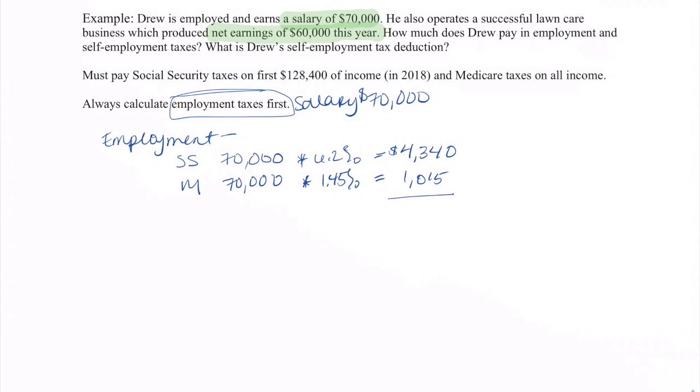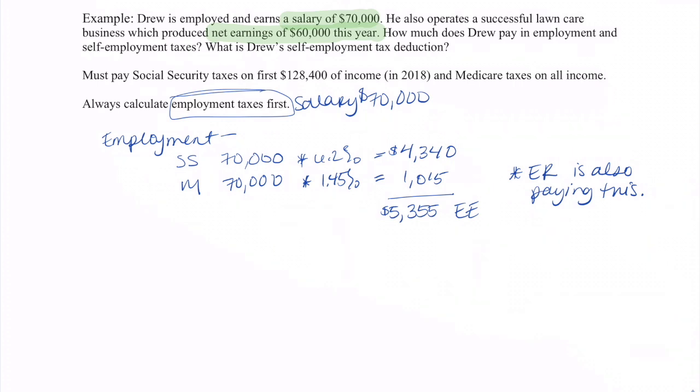So the total employment taxes are $5,355. The employee is paying that. And then we're going to note, kind of on the side, the employer is also paying this as part of their own payroll taxes. We're not going to really see that right now, but that's what's happening.